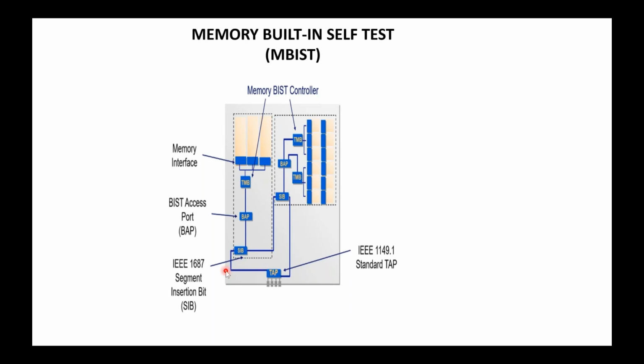Through the TDI, the data will be written, the SIB will be programmed to either 0 or 1, and also the necessary value will be written into the TDR. This TDR is present inside this BAP. From the BAP, it will go to the controller to control various signals, and the controller will be controlling the memory interfaces.